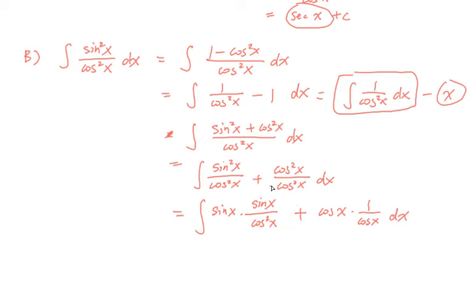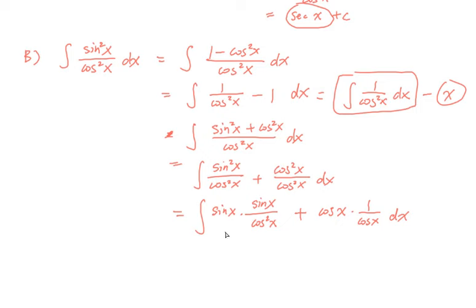So what did I do? Basically, this is just cosine square over cosine square, which is just 1, and it's nothing different from cosine x over cosine x. So why do I write it in this form? The reason is this is the product rule of the derivative.